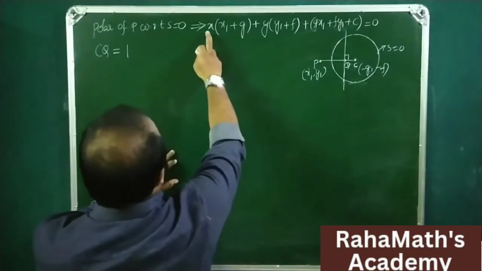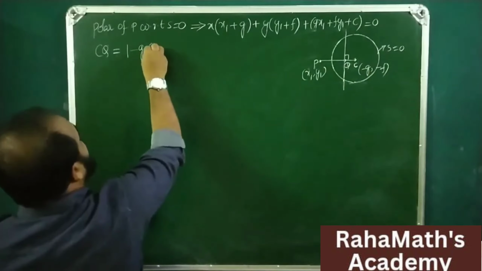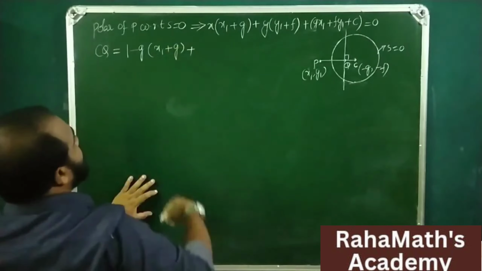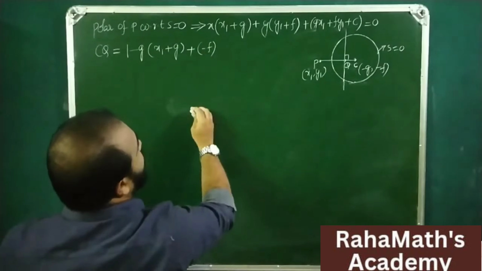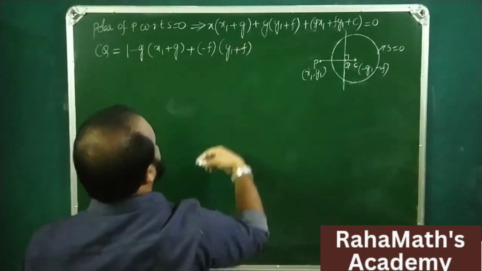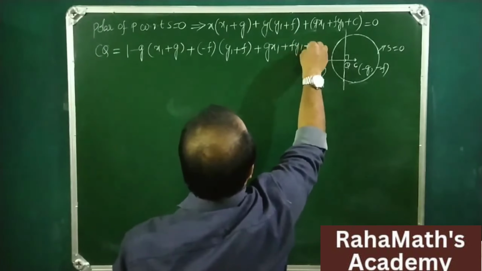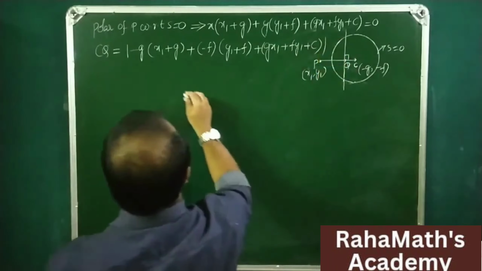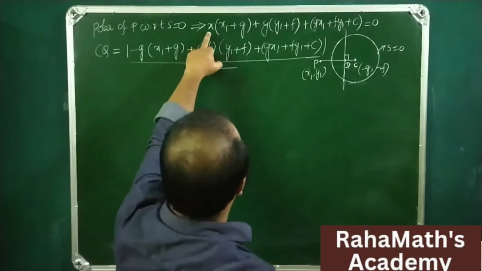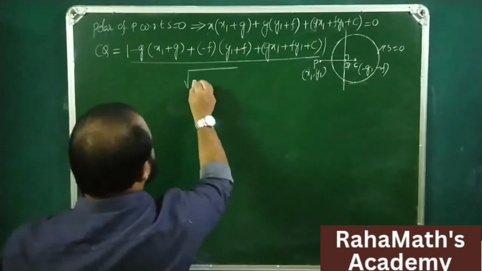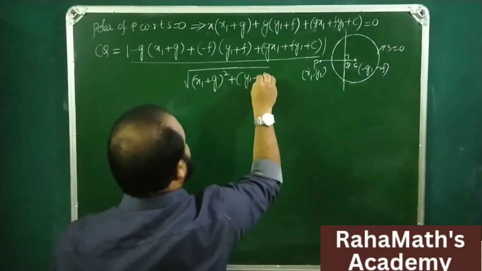So it is minus g into (x1 plus g) plus minus f into (y1 plus f) plus g x1 plus f y1 plus c, by square root of (x1 plus g) whole square plus (y1 plus f) whole square.